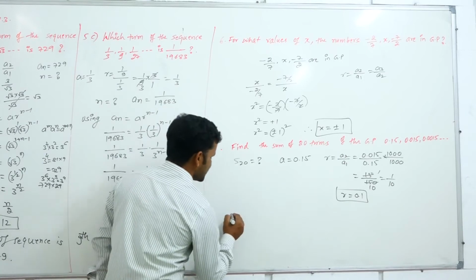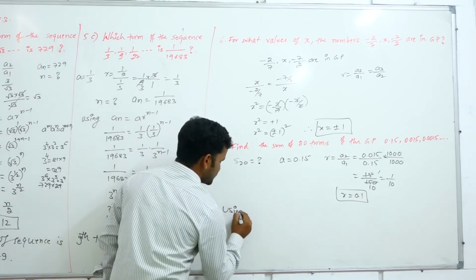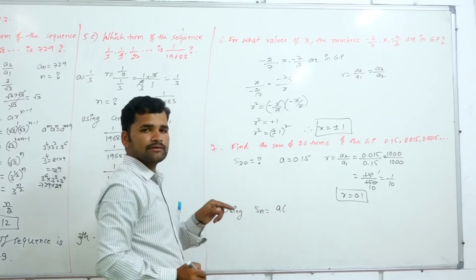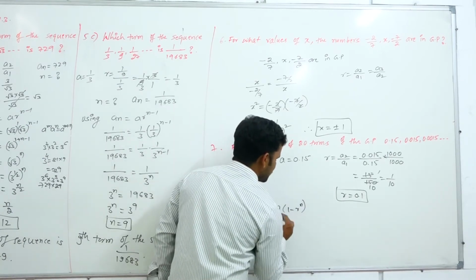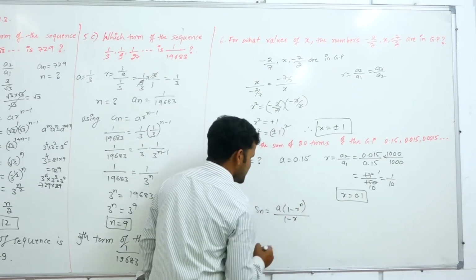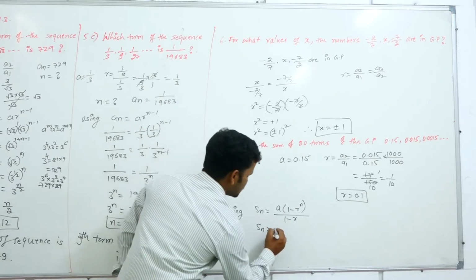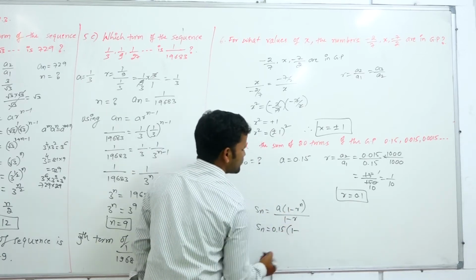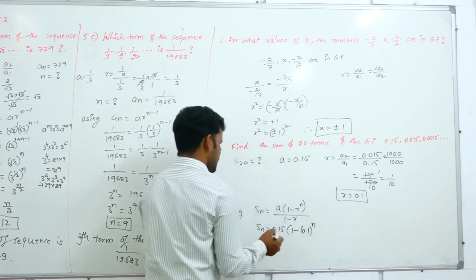We need to calculate S20. For that, use the formula Sn is equal to A into, r value is less than 1 here, so use the formula 1 minus r to the power n divided by 1 minus r. Sn is equal to A value you substitute, 0.15 into 1 minus of r value is 0.1 whole to the power of n.